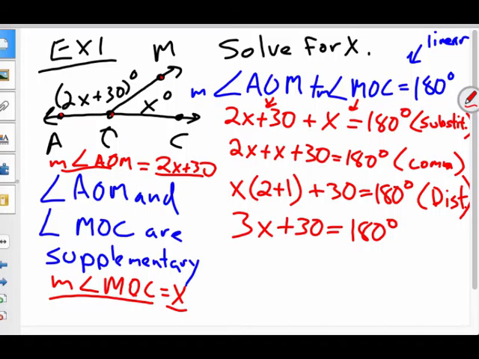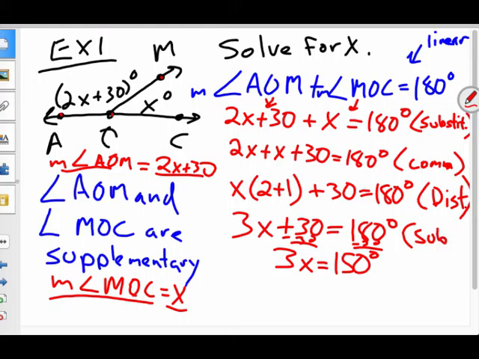Now what do I do with the 30? You subtract it from both sides, and when I do that, I get 3x equal to 150. And then what do I do? You divide both sides by 3. When I subtracted the 30 from both sides, what property was that?